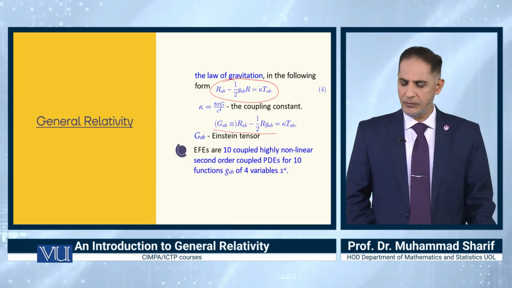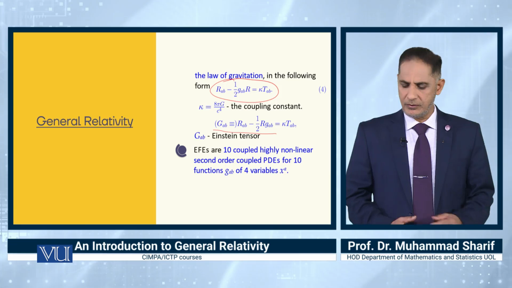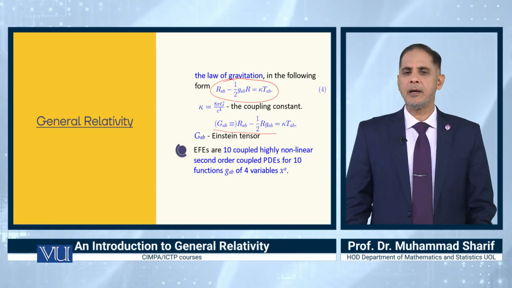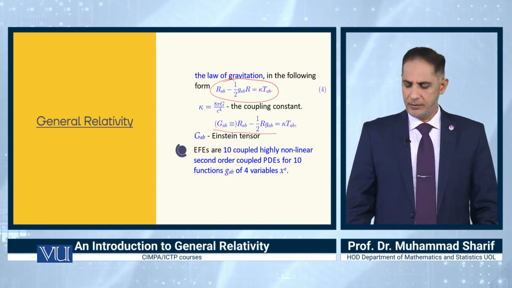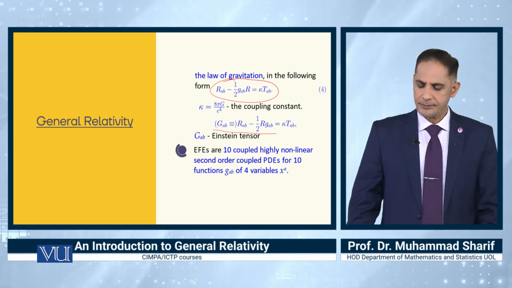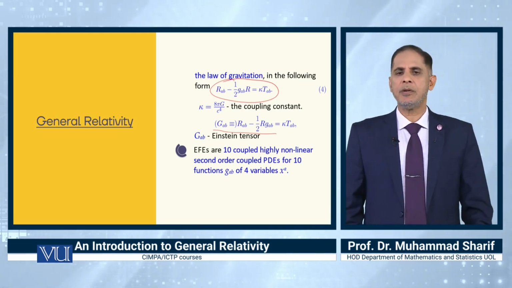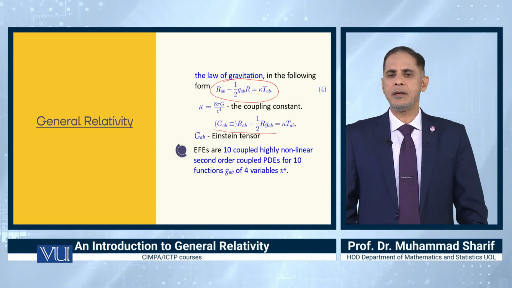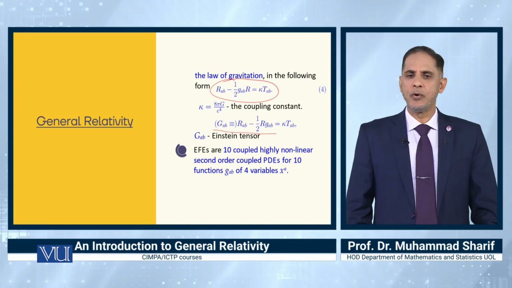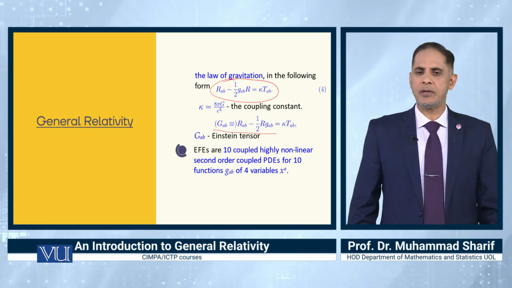Now we can see from the field equations, these are the 10 coupled highly nonlinear second order PDEs for 10 functions of 4 variables. You can see R_AB, which is a Ricci tensor, it indicates the second order. G_AB contains the 4 vector, it means it is a partial differential equation.